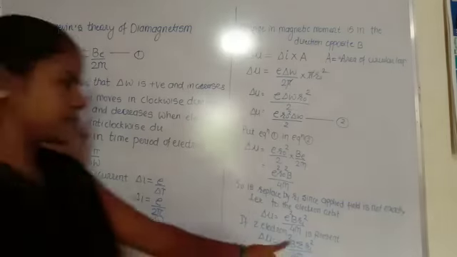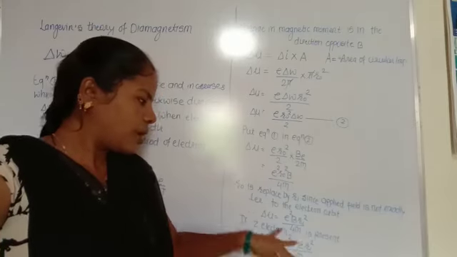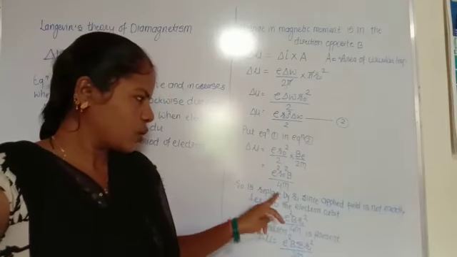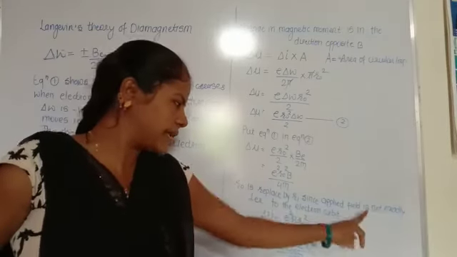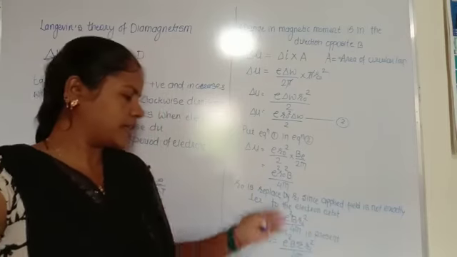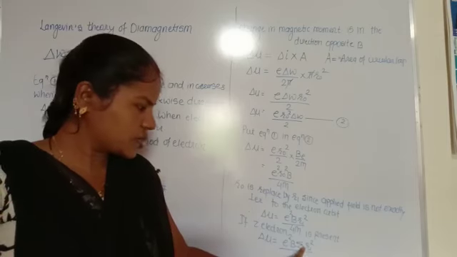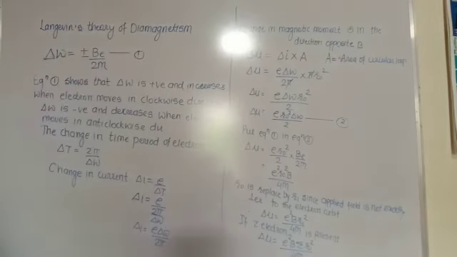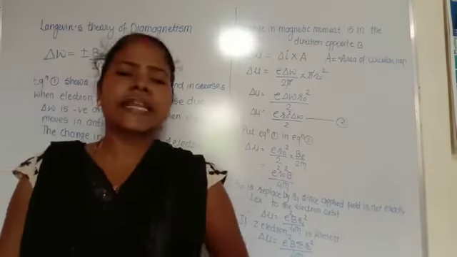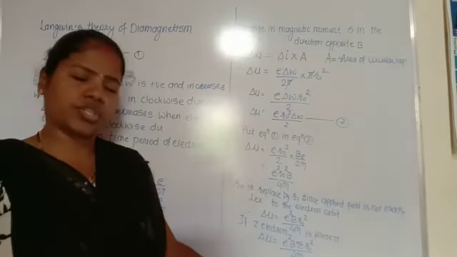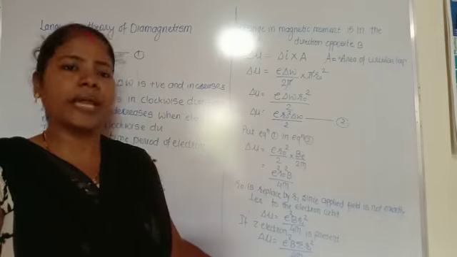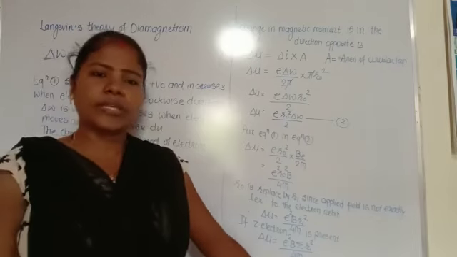This summation means the sum over all the electron orbits, because the applied field is not exactly perpendicular to the electron orbits and there are Z electrons present. So this is delta mu. In the next class we will proceed with this equation of the Langevin theory of diamagnetism to the end. Okay, up to this, thank you.